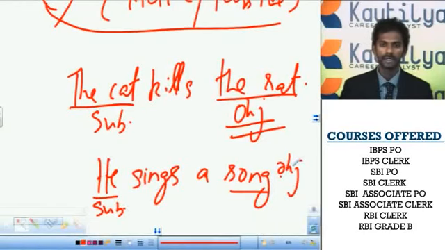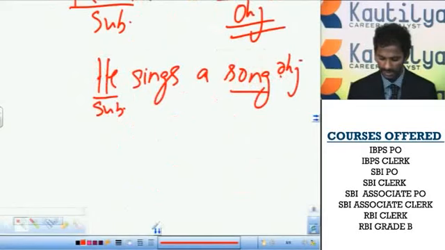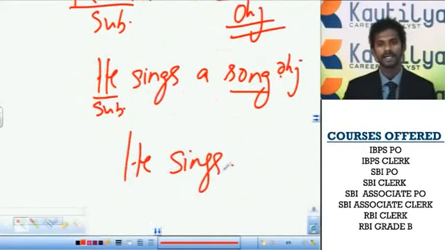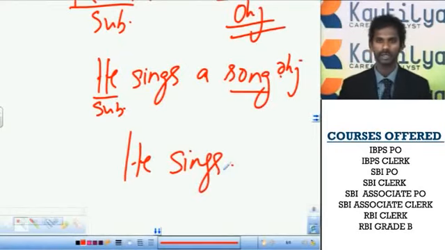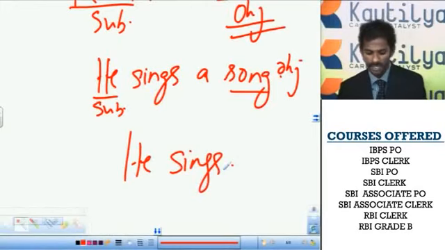A group of words that makes a complete meaning or a complete sense is termed as a sentence. Clear? Fine. If I say he sings, can this be called a sentence? He sings. Does it make a complete sense or not? Does it make a complete meaning? Yes, it makes a complete meaning, it makes a complete sense. So this can also be termed as a sentence. Fine. Subject is he.